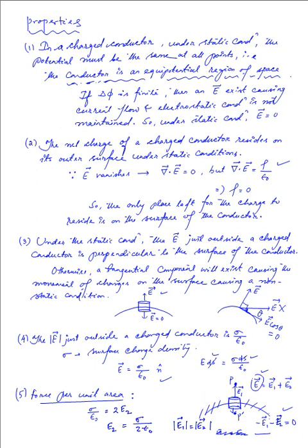Now with E2 being equal to sigma over 2 epsilon naught, that is the field due to the rest of the surface which will be acting on that small portion ds. So the force that is experienced by that small portion ds is going to be the charge that is contained in that.